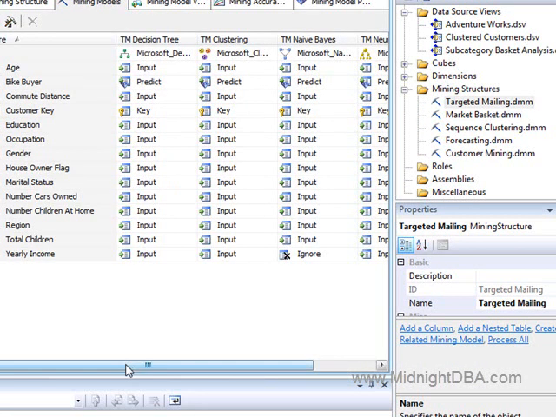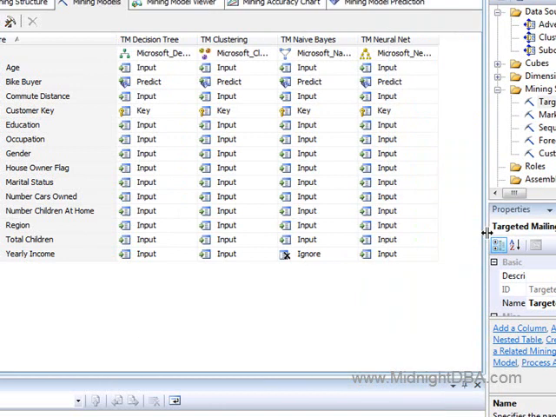There we go. Okay. And so for targeted mailing here, we have four different algorithms that are used. So there's a binding of a particular algorithm and its parameters to a mining model, but you can have multiple mining models for one mining structure. A little bit clearer now?